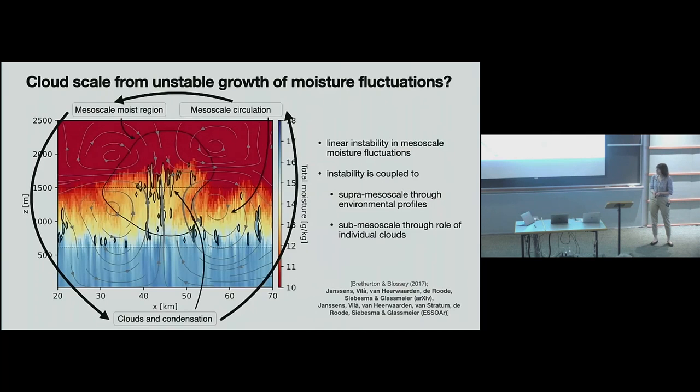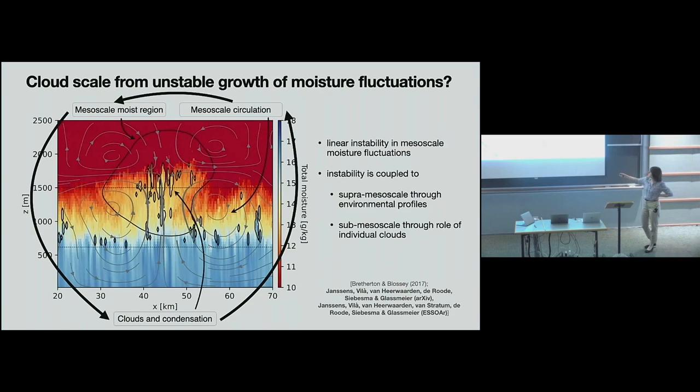Let's first look into this moisture variance discussion. Martin Janssens could show that one can formally describe a linear instability in mesoscale moisture fluctuations, which works as follows.